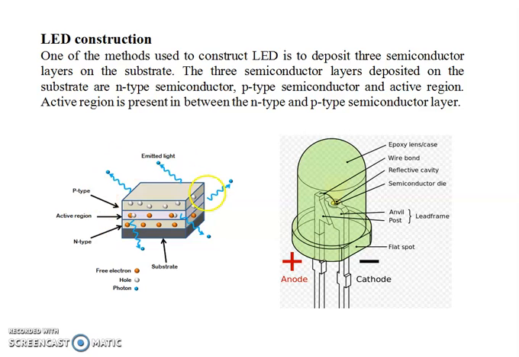First you deposit the n-type material, then you have some active region where the electrons from the n-type and holes from the p-type combine and produce photons. Then you have a p-type region. So you deposit these regions, and you connect the negative terminal to this and the positive terminal to this, so that the holes will move from here and electrons will move from here, and recombination happens.